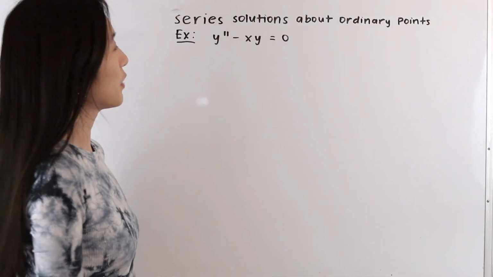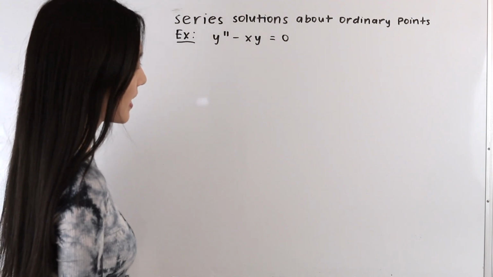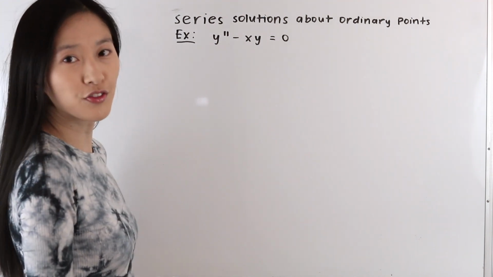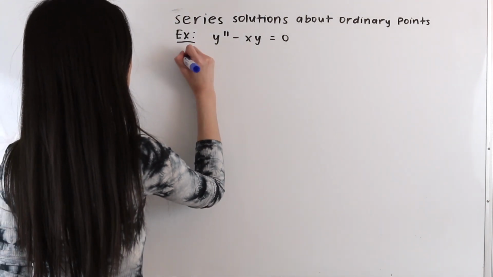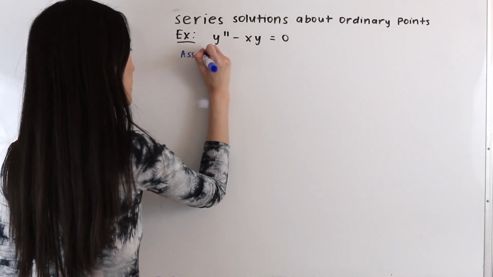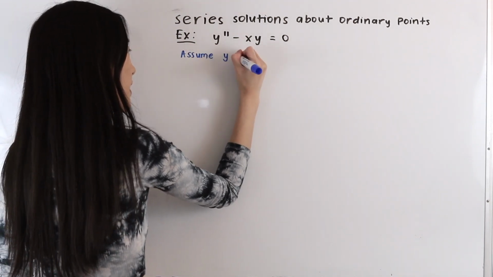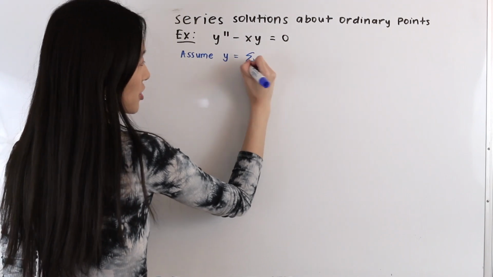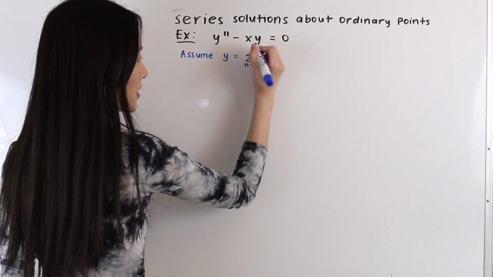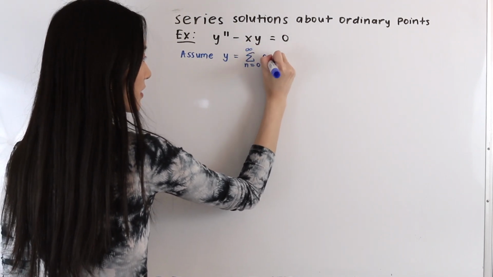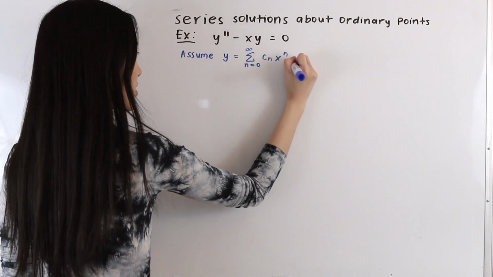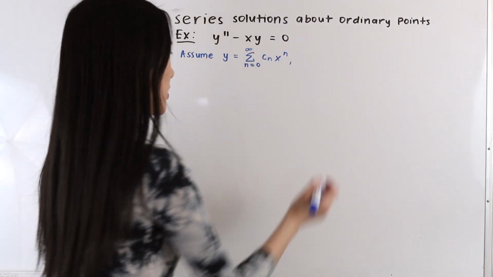In this example here, we have y double prime minus xy is equal to 0. As our first step, let's go ahead and assume that y is equal to the summation from n equals 0 to infinity of cn x to the n, and let's use the power rule to get our corresponding derivatives.